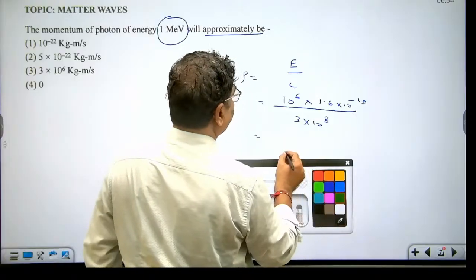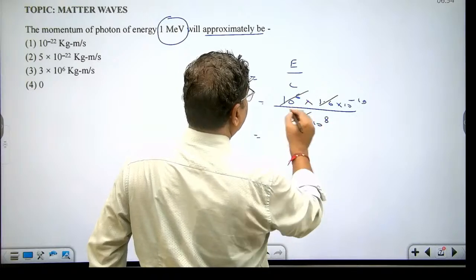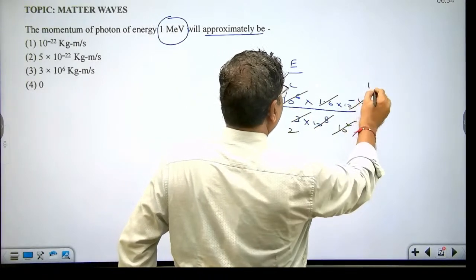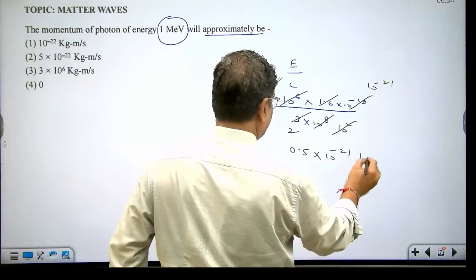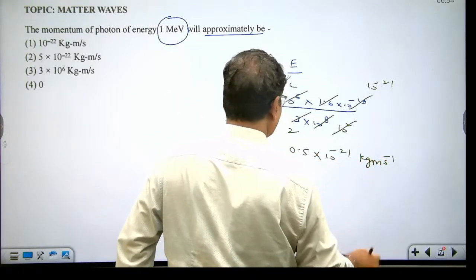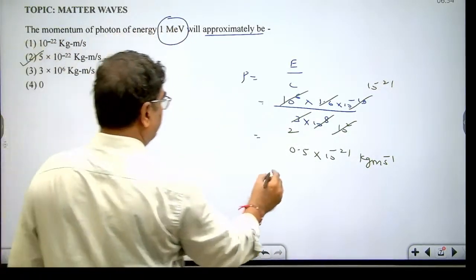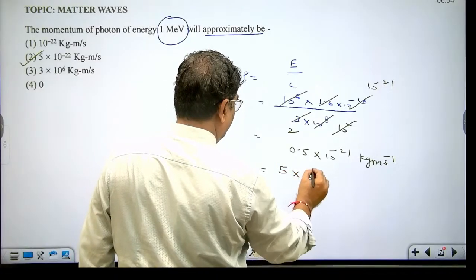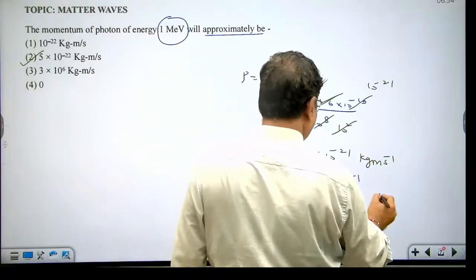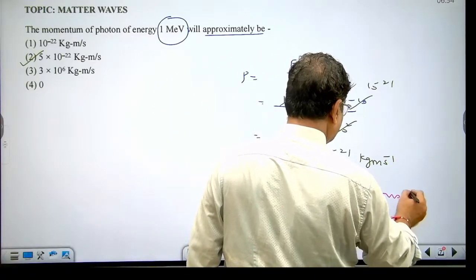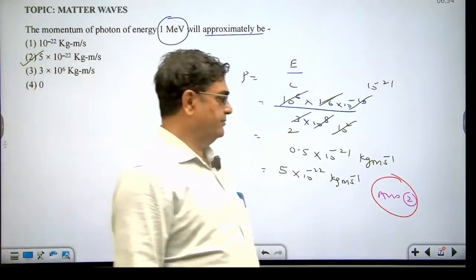After solving this, we will get approximately 2 into 10 power minus 21, so this is 0.5 into 10 power minus 21, that is 5 into 10 power minus 22 kilogram meter per second. So we will mark option 2 as the correct answer.